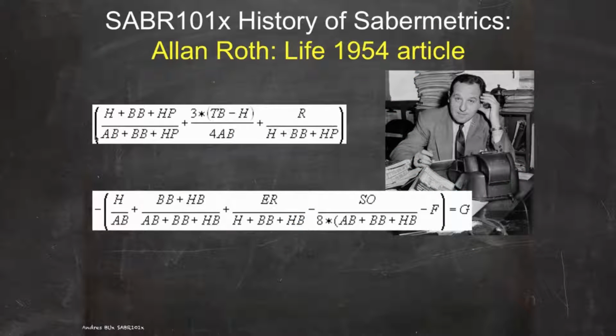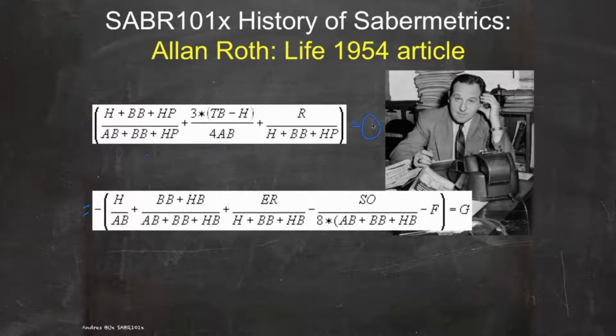So here's the Ricky Roth formula. This one here represents O. This is O for offense. And we'll walk through what each of these three components are. And this one here is D. This part.